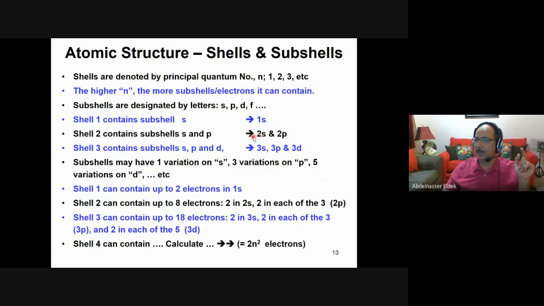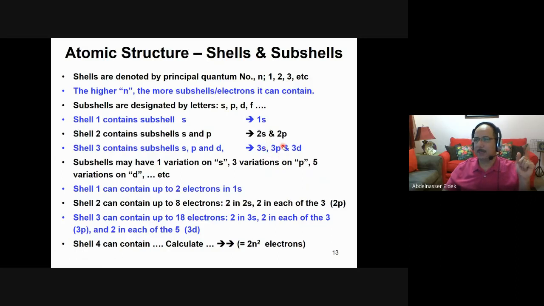So for example, if you look at shell number 2 here, it has one variation for S, so only 2S, but 2P has 3 variations, so we have 2P1, 2P2, 2P3. And for shell number 3, this one has only one variation, so it has only 3S.